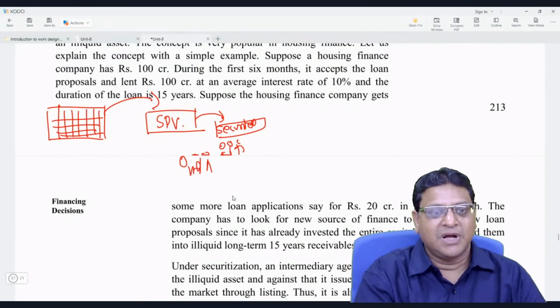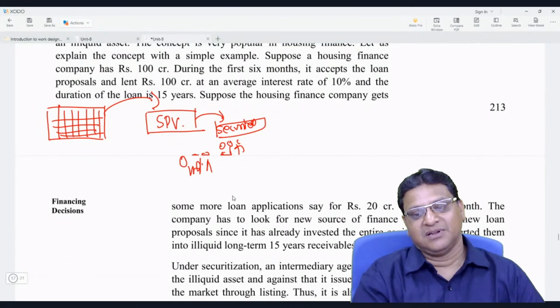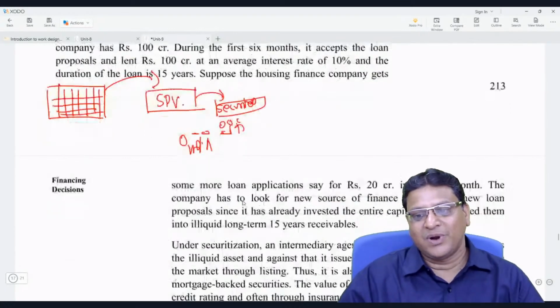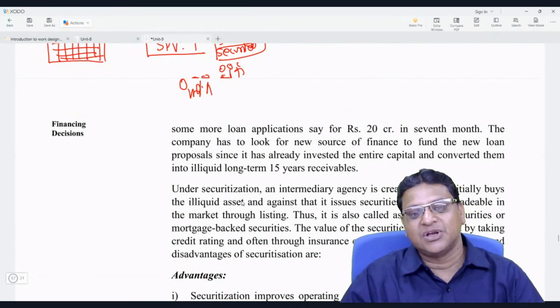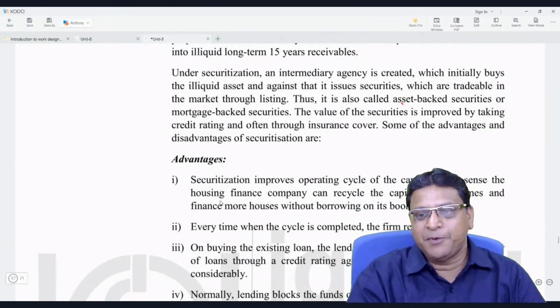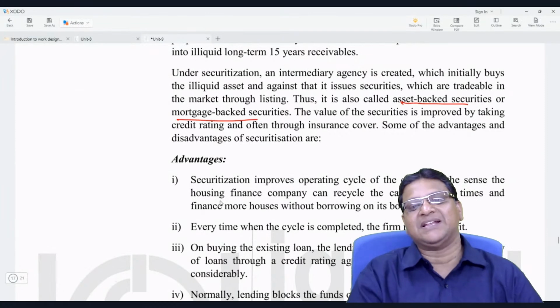That type of arrangement is known as securitization. In case of securitization, what is created? Some asset backed securities or mortgage backed securities are created. With the help of securitization, banks generally clean their balance sheet.